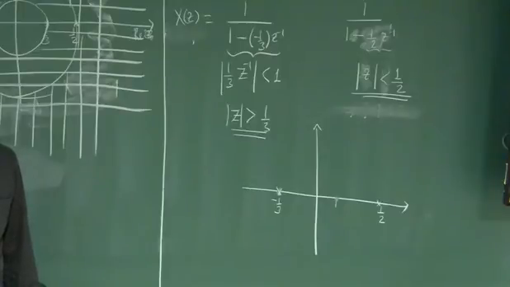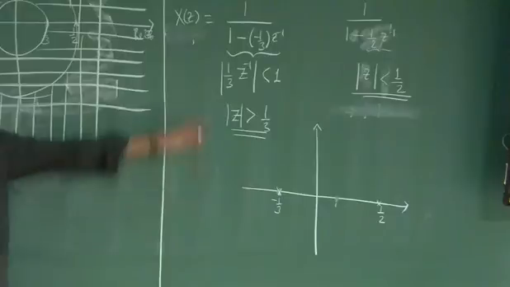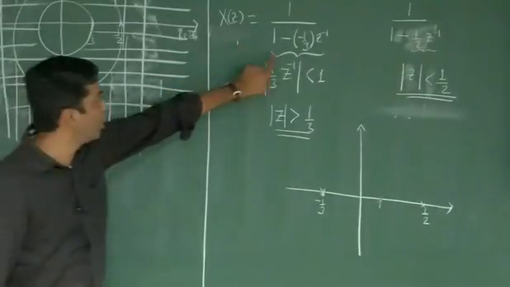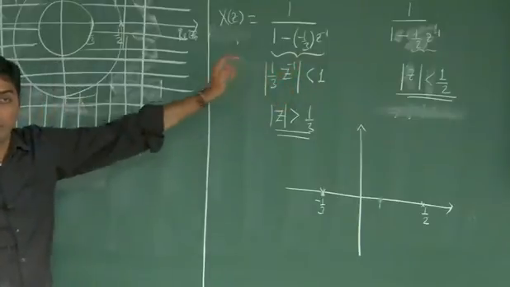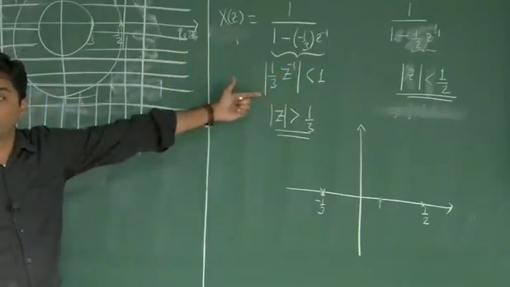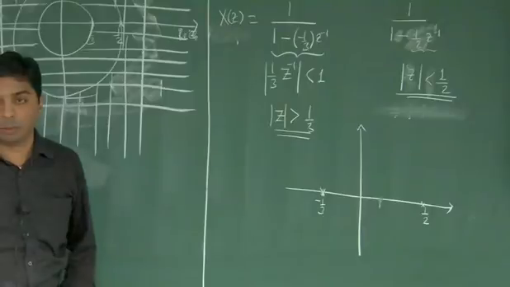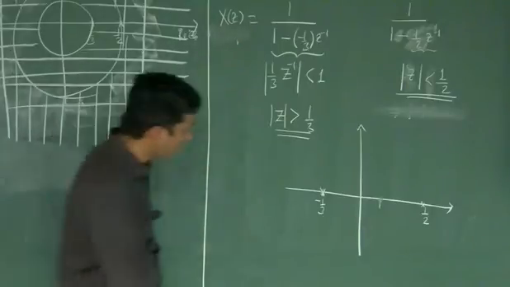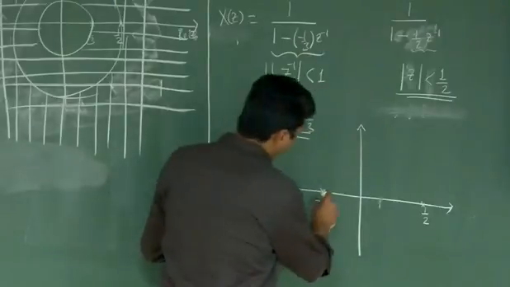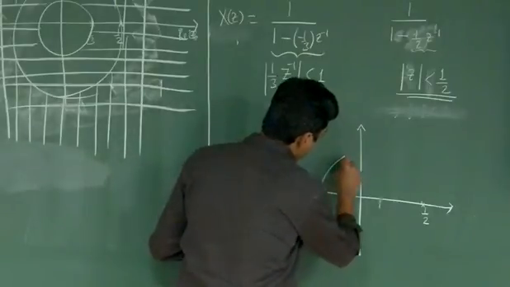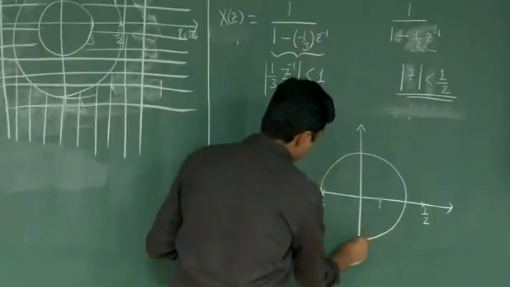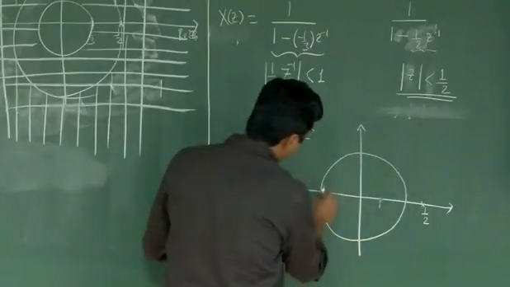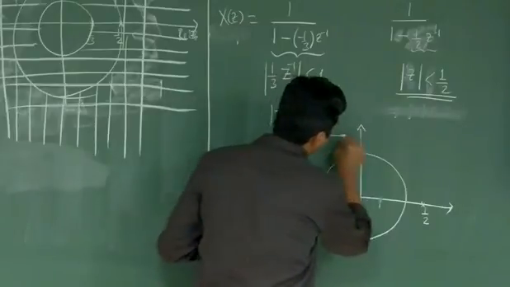Yeah, what is a pole? So when this is going to become infinity, right? So when the denominator is going to go to 0. The z at which the denominator is going to go to 0, that's called the pole of this x of z, right? Okay, so we have a pole here, and so the ROC for this thing is outside here, right?